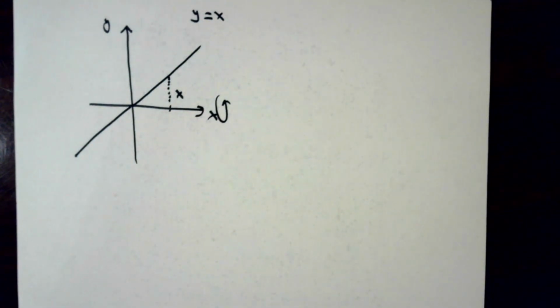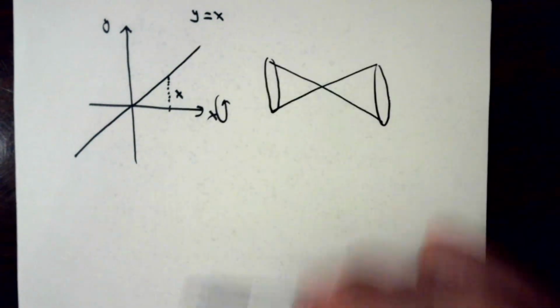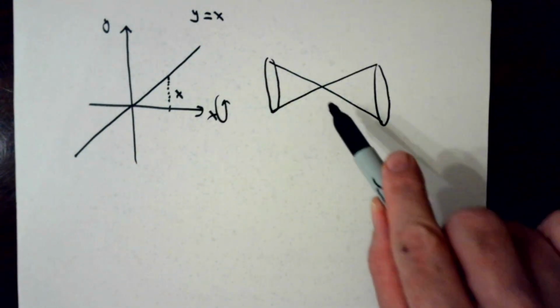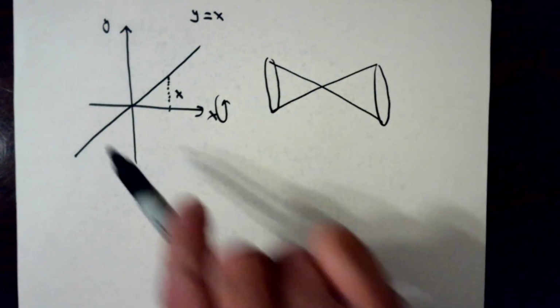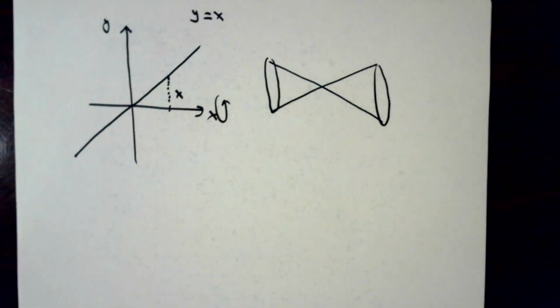Since we're going to square the radius anyway, we'll have an x squared and get the correct radius squared, regardless of whether x is positive or negative itself. I think it's pretty clear that the surface that I'm going to get by taking this part and revolving it around the x-axis is this half of a cone, and when I revolve this part around the x-axis, I get that part of a cone. I get a double cone with circular cross-sections.